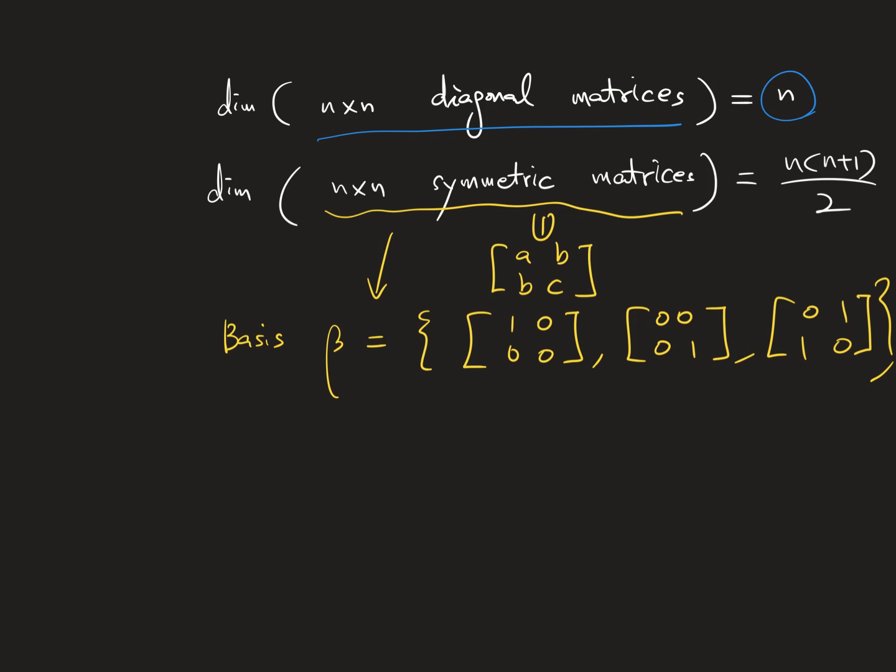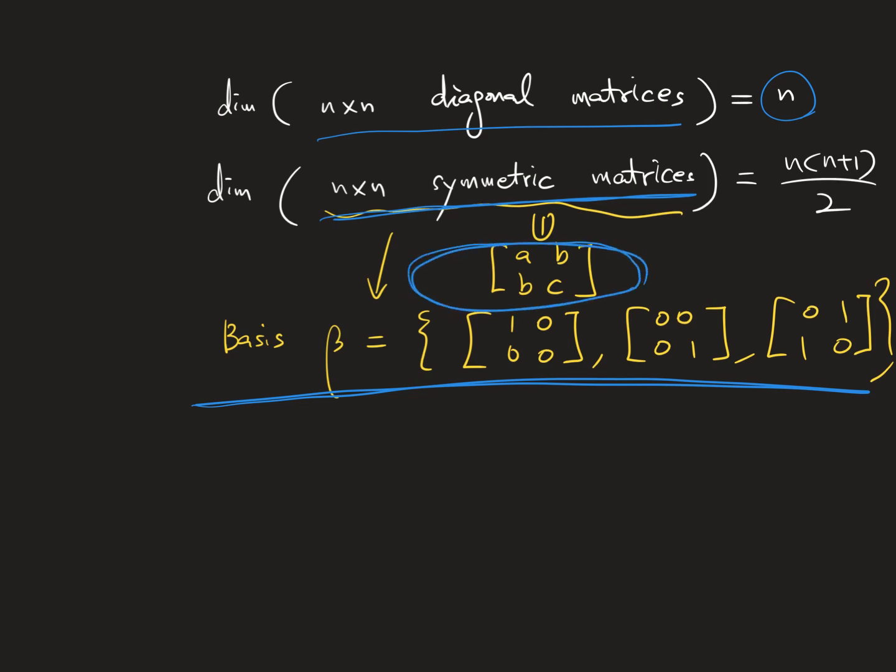And for n by n symmetric matrices, the dimension will be n times n plus 1 divided by 2 because in this case, the basis will be this, because the elements in the symmetric matrix will be of this form, A, B, B, C. And so the dimension for symmetric matrices is equal to the dimension of upper triangular matrices.